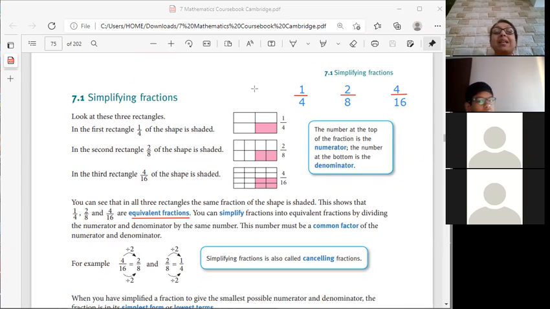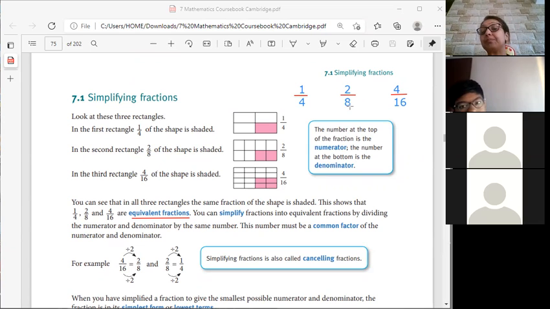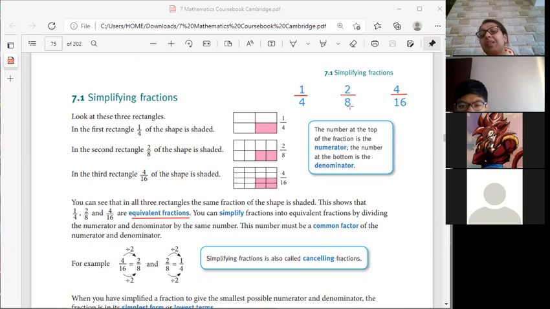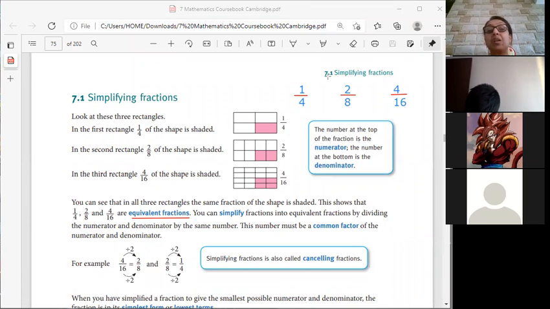Okay, now look at the second one, 2/8. Can I further reduce it? Yes, because both the numbers come in the 2 times table. 2 ones are 2, 2 fours are 8. So if I divide by 2, then definitely I'll be able to put it in its lowest form.